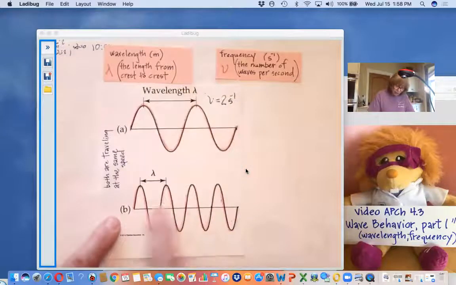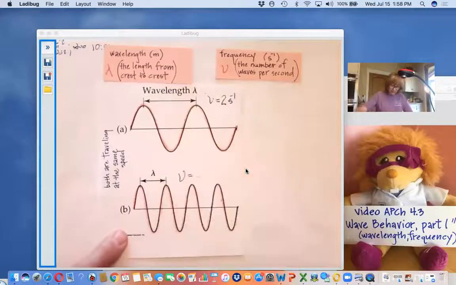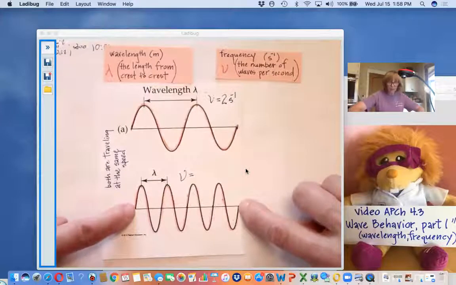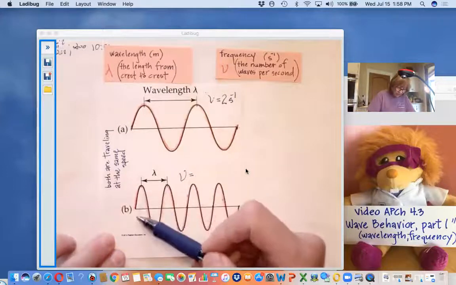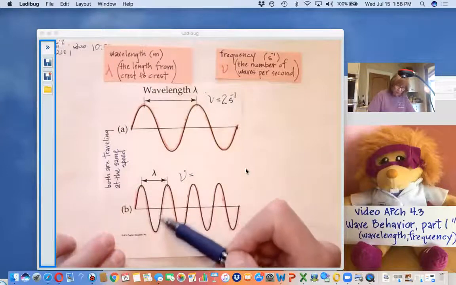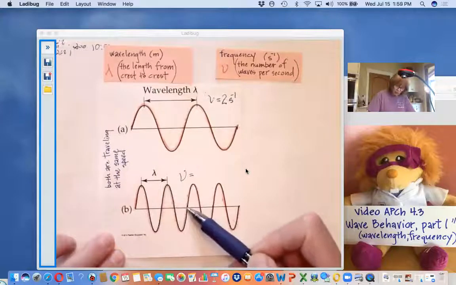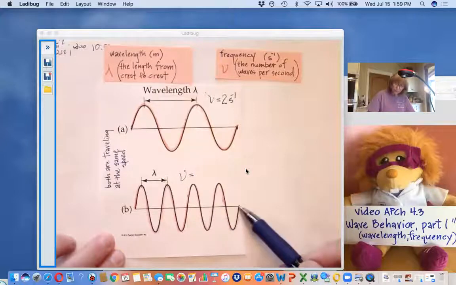Now my other wave depicted here that had the shorter wavelength, let's look at the frequency for it. Again, I'm representing 1 second of time here between my two fingers. So in that 1 second of time, 1 wave cycle, 2 wave cycles, 3, and 4.